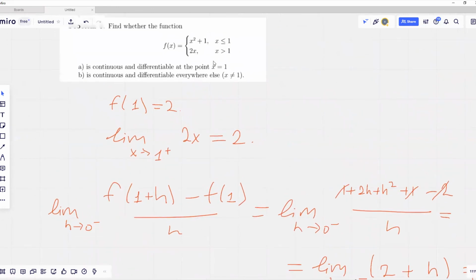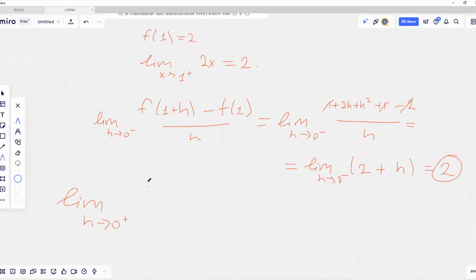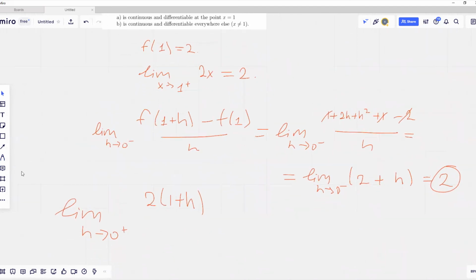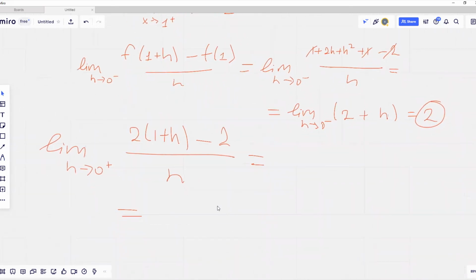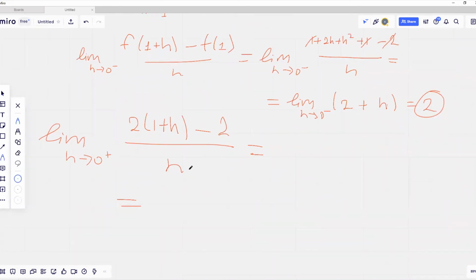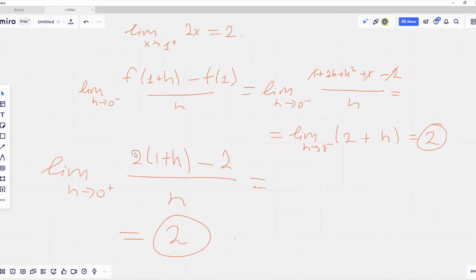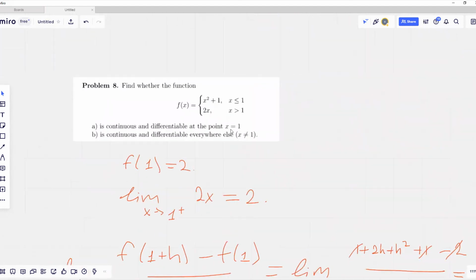So we are going to use the following function, and this is then 2 times (1 plus h) minus the value of the function at point 1, which is 2, divided by h. So then we'll end up with 2h over h. So this is equal to 2. So we have shown that these two one-sided limits that define our derivative are equal to each other, meaning that our function is differentiable at point x is equal to 1.